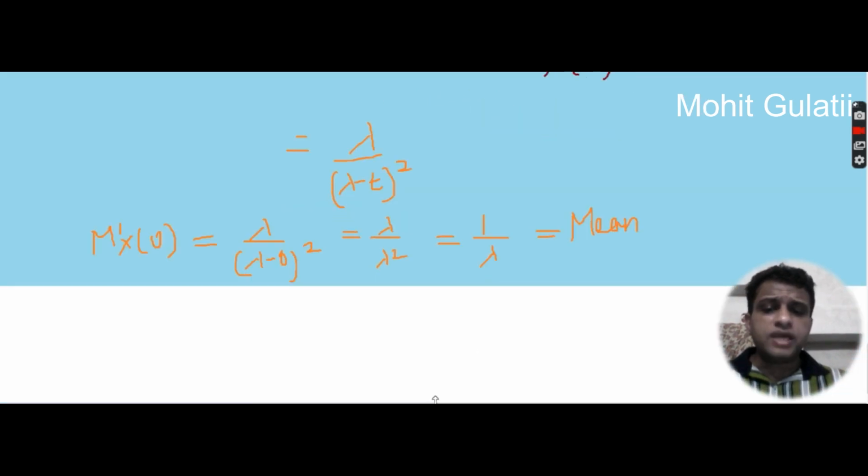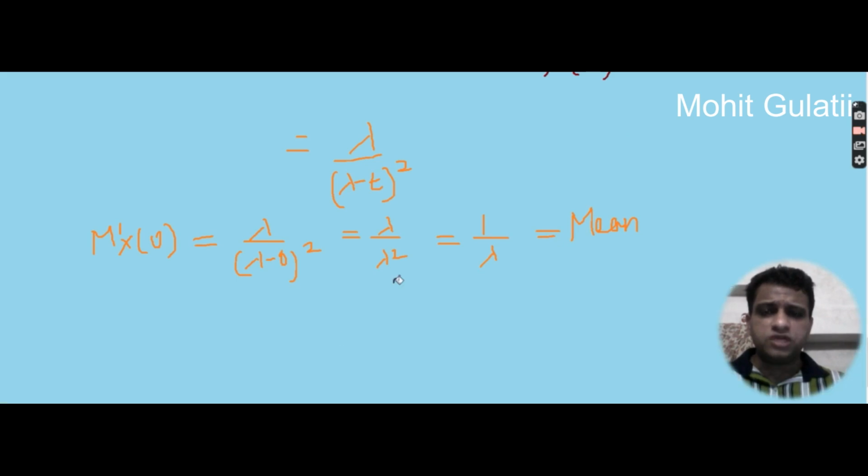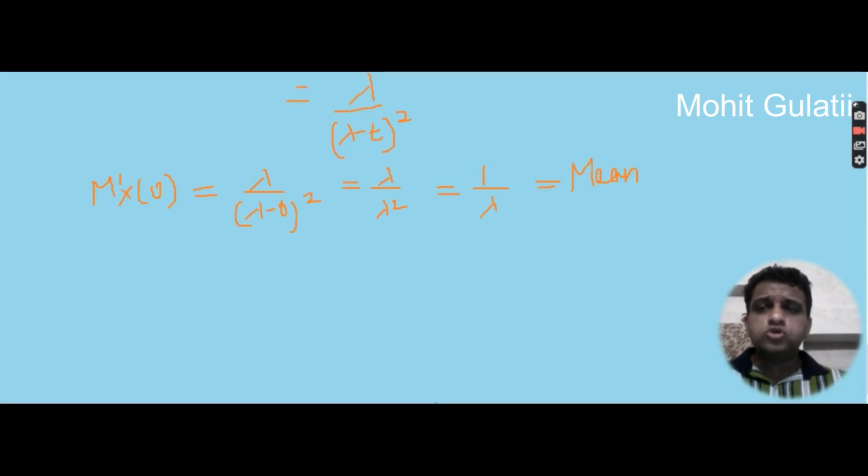Now suppose I have to find E(X square) using the moment generating function of the exponential distribution. I will again differentiate this function with respect to t.